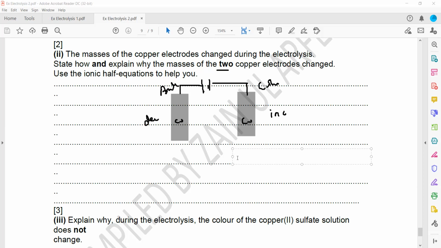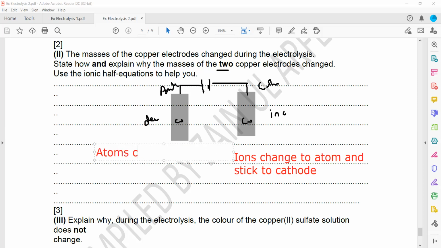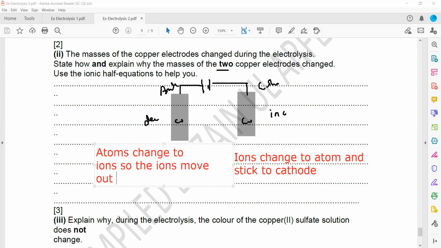Because at the cathode the ions change into atoms and stick to the cathode, whereas at the anode the atoms change to ions. The ions move away from the anode, that's why the size is decreasing.